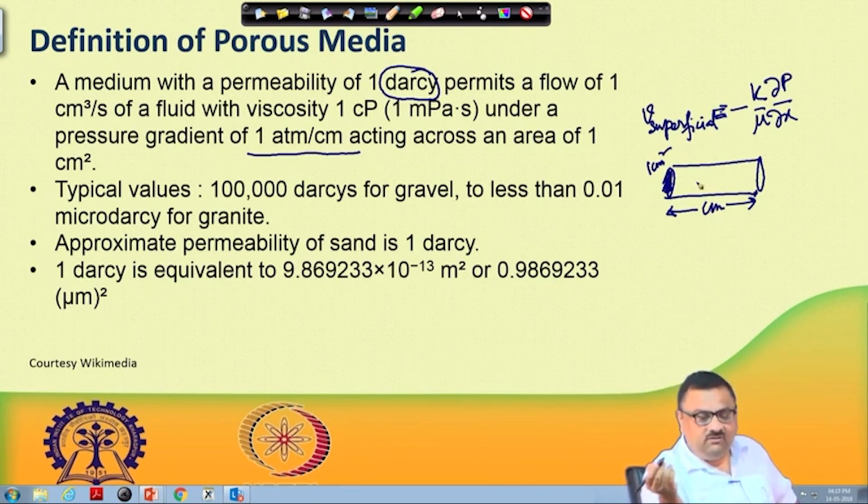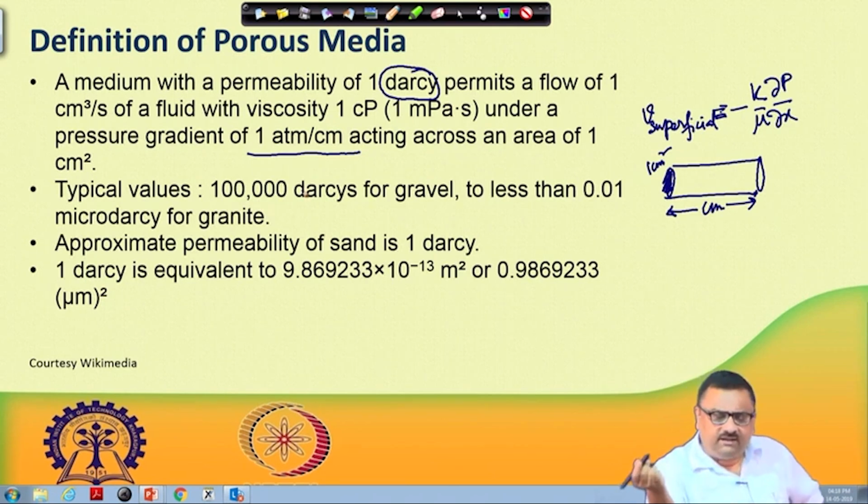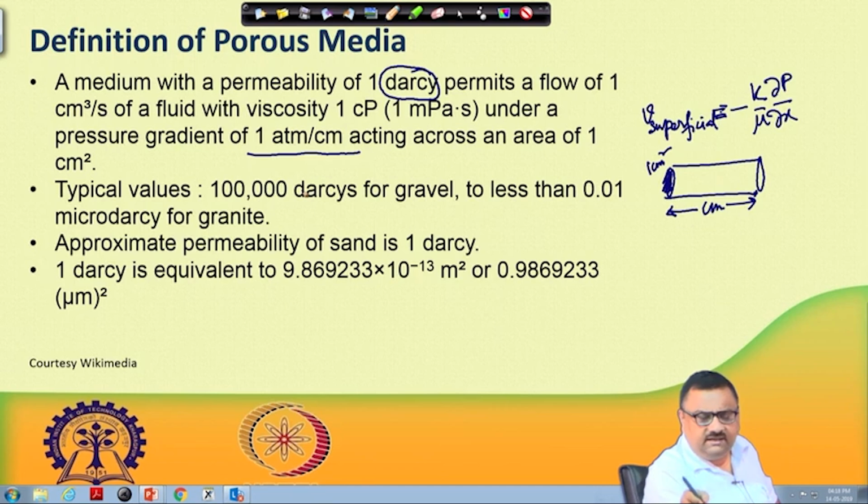Now, typical values for gravels are, you know what gravels are, gravel pack we have seen. For gravels, it could run up to 100,000 Darcys. That is too high. If you work with a sand pack, it would be of the order of Darcy, down to less than 0.01 micro Darcy for granite.